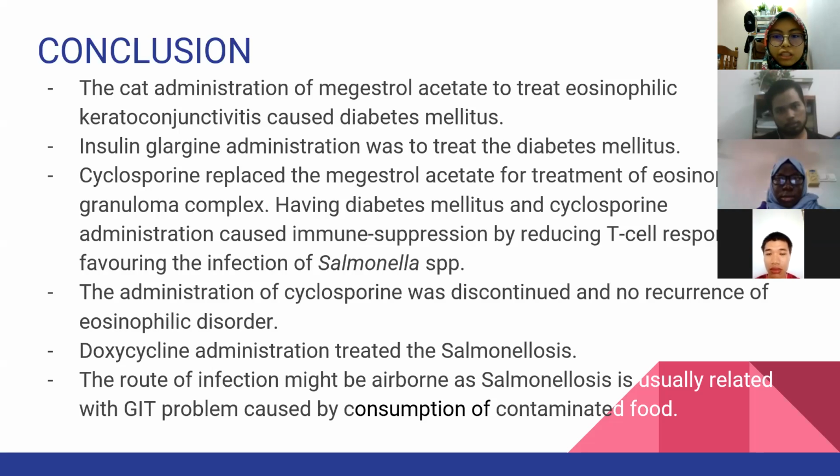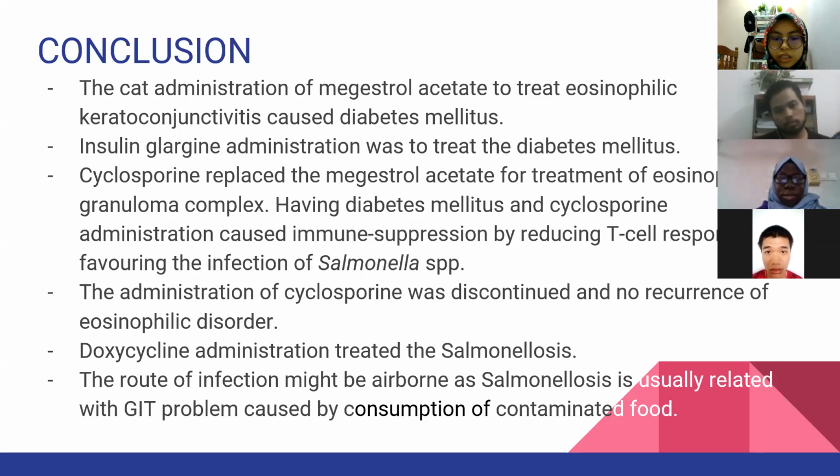So having diabetes mellitus and also cyclosporine administration at the same time causes immune suppression by reducing the T cell response. This favors the infection of Salmonella species. So the administration of cyclosporine was discontinued with no recurrence of the eosinophilic disorder, and it was replaced by doxycycline administration to treat the salmonellosis.